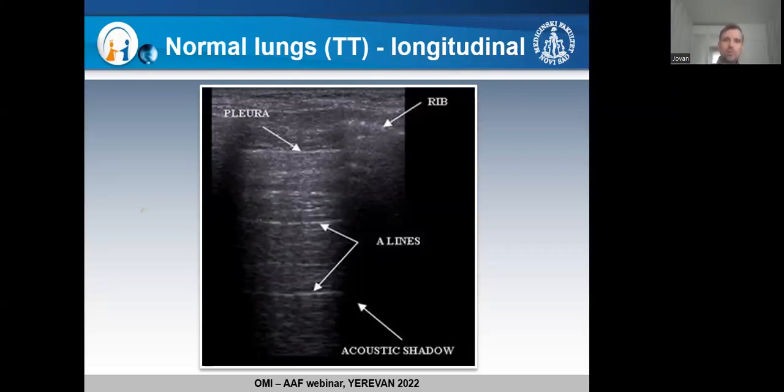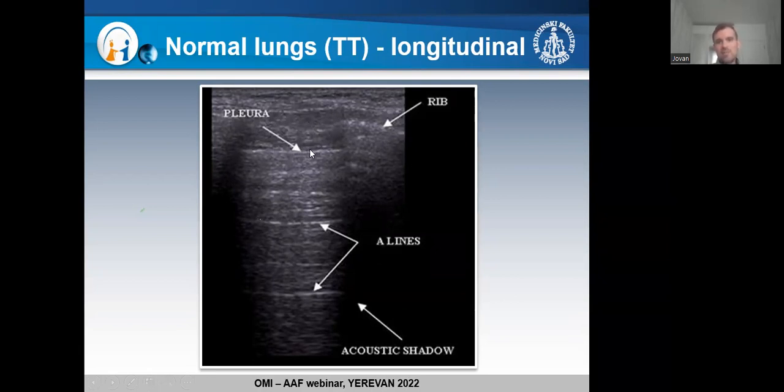So now we're moving on finally to transthoracic approach. And here's a normal finding. I guess most of you know that, but anyway, I'm going to tell you that once more. So this is subcutaneous fat tissue. This is intercostal muscle, rib, acoustic shadow.